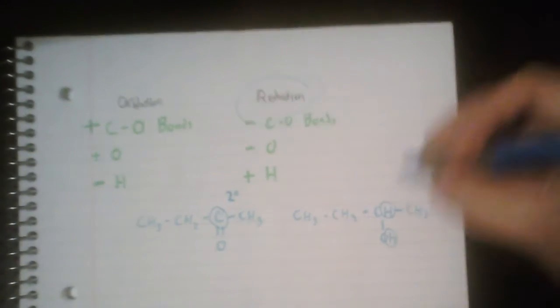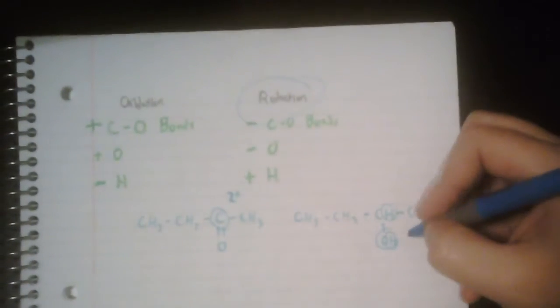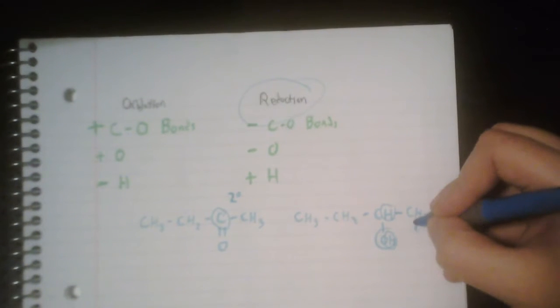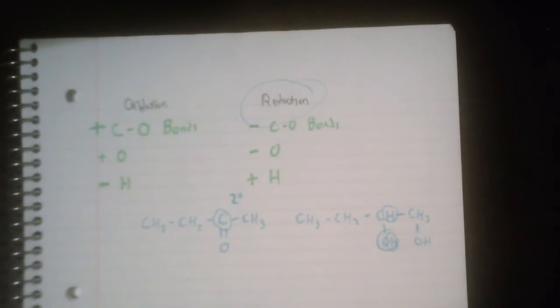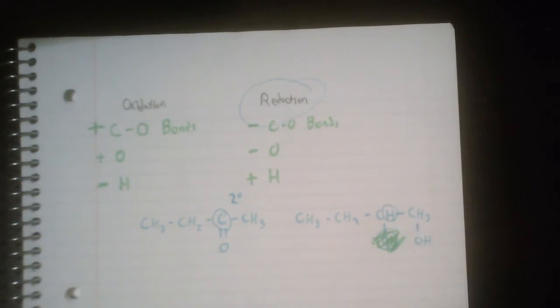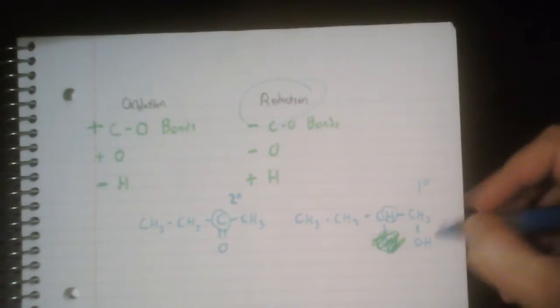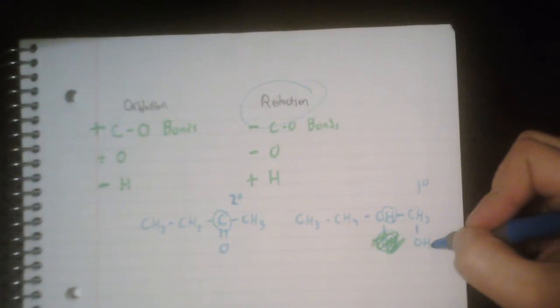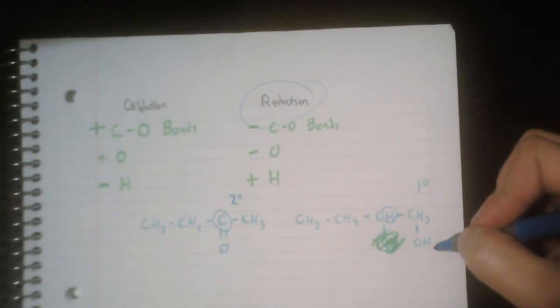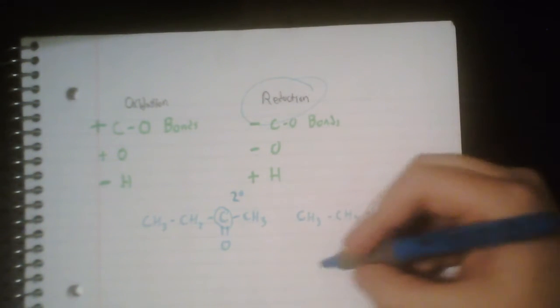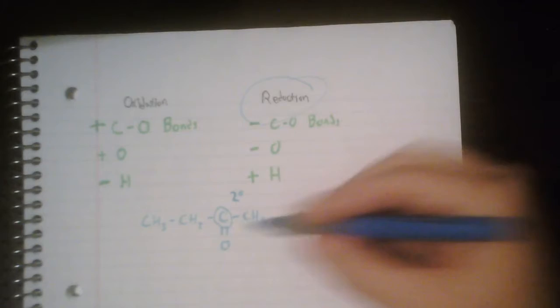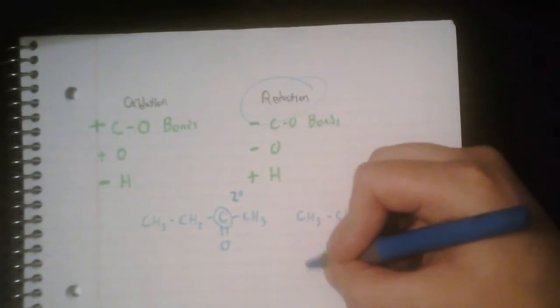If it's off of a primary carbon, so if we move this OH group over to this one, and let's just say for the record that this is gone, this guy is now on a primary, and this is going to become an aldehyde, sorry.